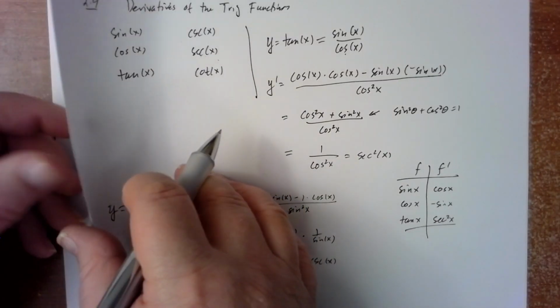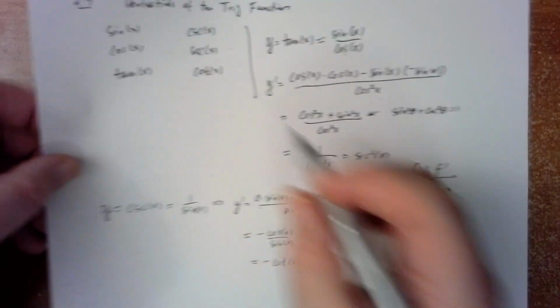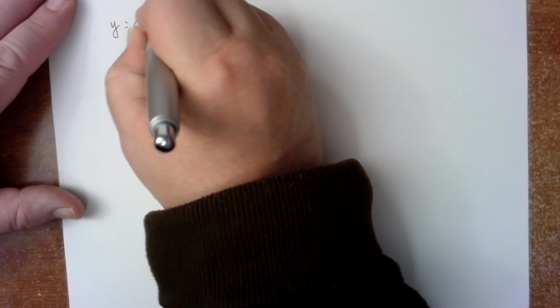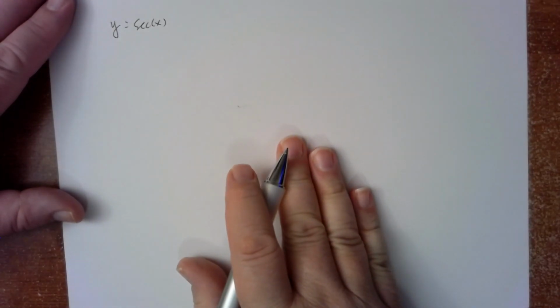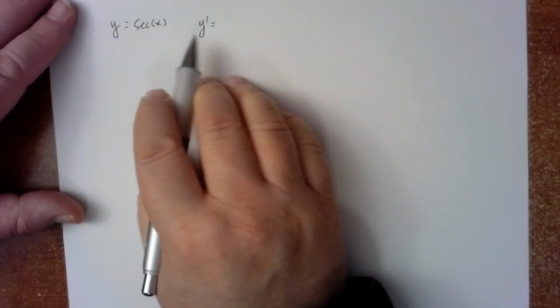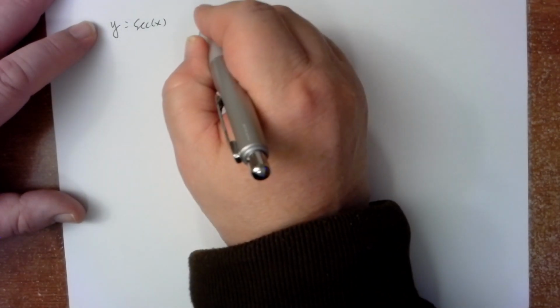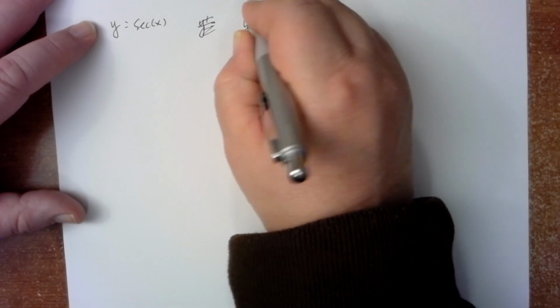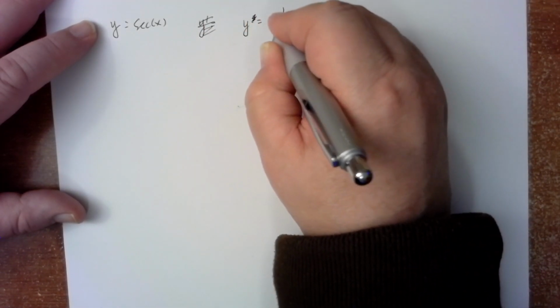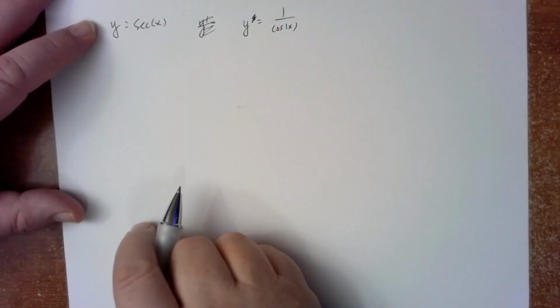I will leave the rest to you, well, we can try one more. Let's try, how about secant? If y equals the secant of x, well, how would we compute the derivative? Let's go ahead and rewrite it first before we compute the derivative. Y is equal to 1 over cosine of x.